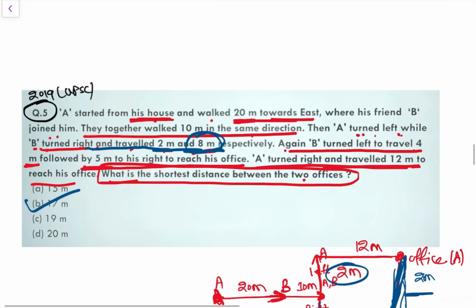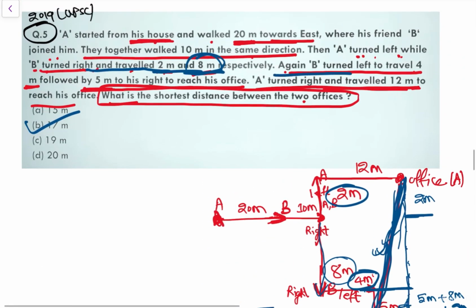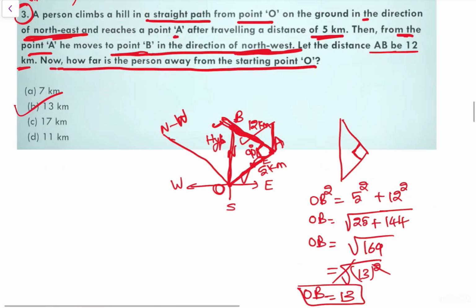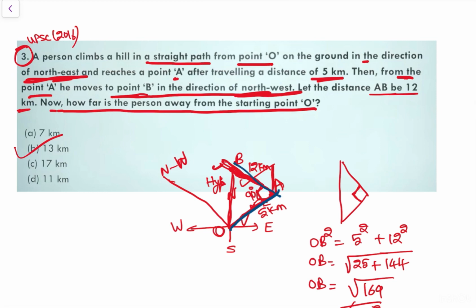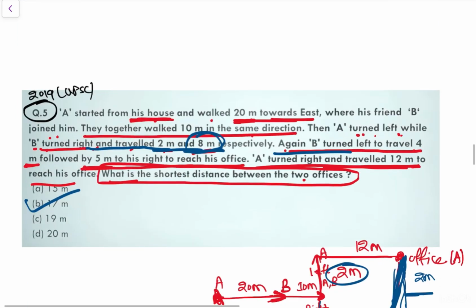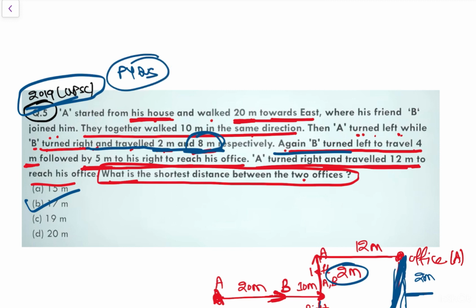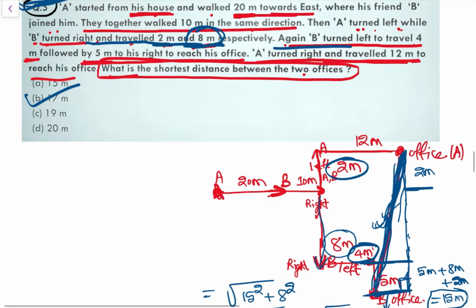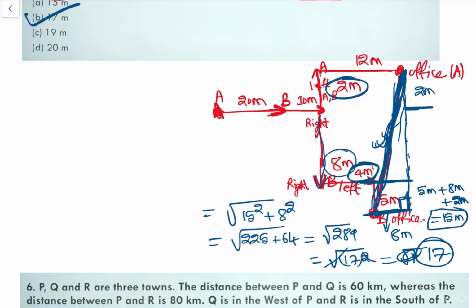See, that's how you need to solve these questions. Once you solve this, see here also it's the same concept, right? If you have solved the 2016 question, then you would have easily solved the 2019 question. That is why you need to do previous year questions. Imagine a similar concept can be asked in 2023 also. So once you do this, it will become easy.